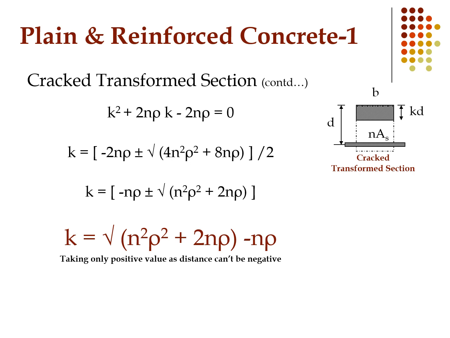If we solve that quadratic equation, we will get the value of k equal to the square root of n squared rho squared plus 2 n rho, minus n rho. We will only consider the positive value of k.